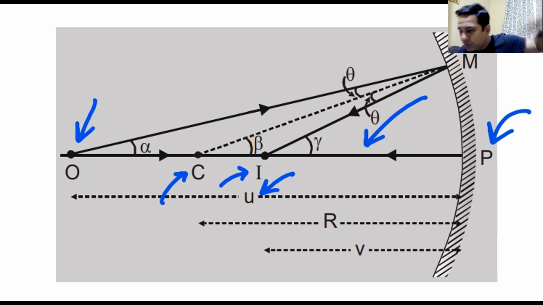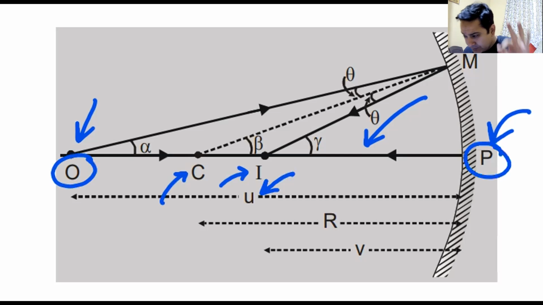So here U is the distance of this object O from the pole P of the mirror. Remember, all distances are measured from the pole P of the mirror. OP is the distance of the object from the mirror, and the distance of the object from the mirror is always taken as U. Do we understand this? Yes, sir.